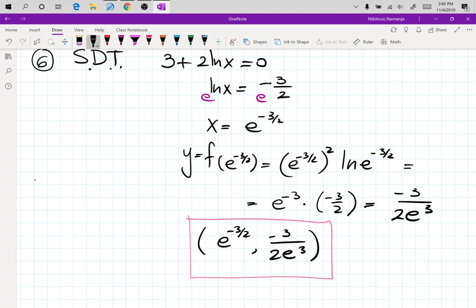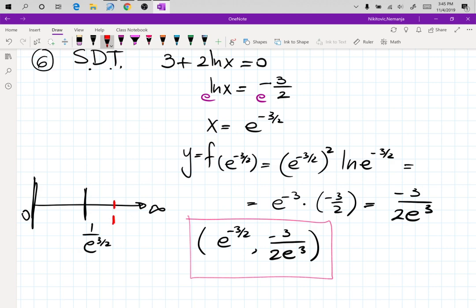And we do our partition now. We have two partitions again. Starting at 0, there is no domain before 0. There's nothing there, so the function starts after 0. And we have 1 over e to the 3/2. We just need to make the denominator larger, and then we'll have a smaller number.